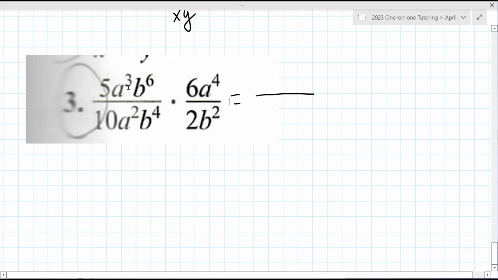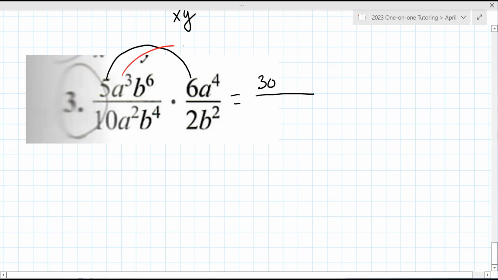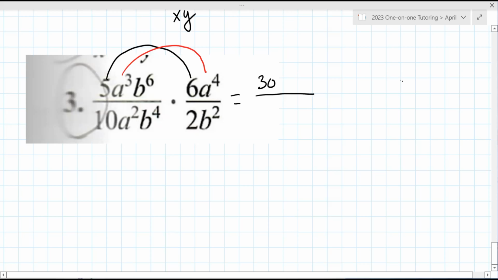And multiplying the top, we're going to first multiply the 5 and the 6. So that's 30. When you multiply the a cubed and the a to the 4th, there's a rule again. We'll put that off to the side here. When the bases are the same and you're multiplying, you add the exponents. So do you see how the base a is the same as a here, 3 and 4?